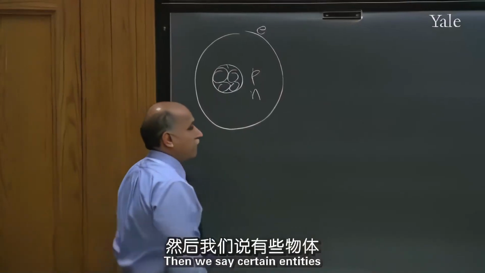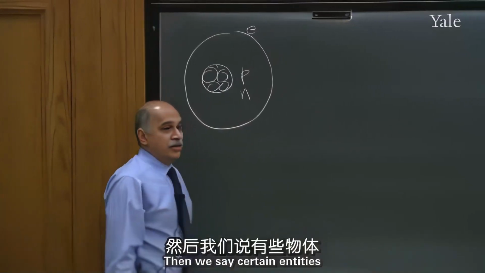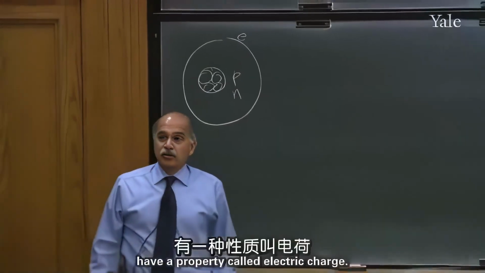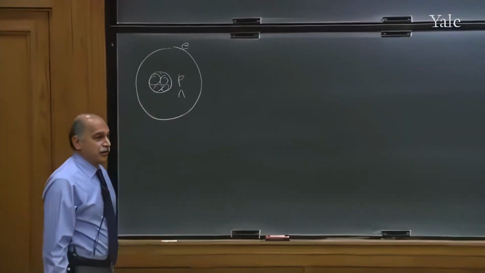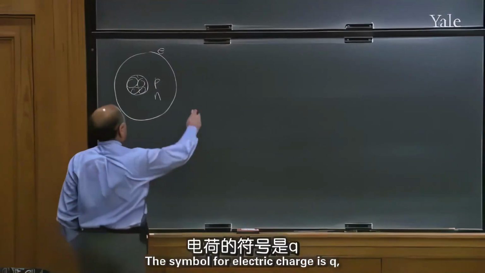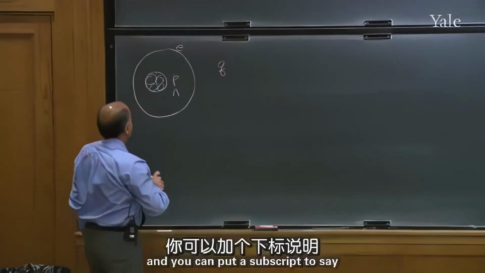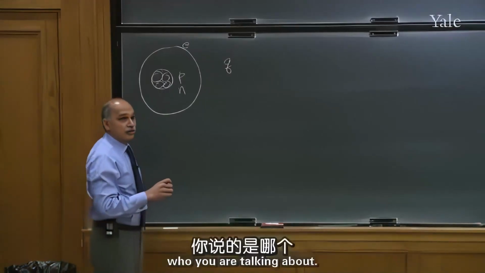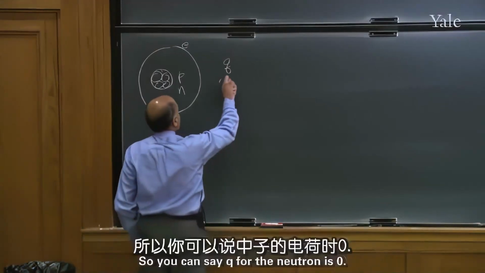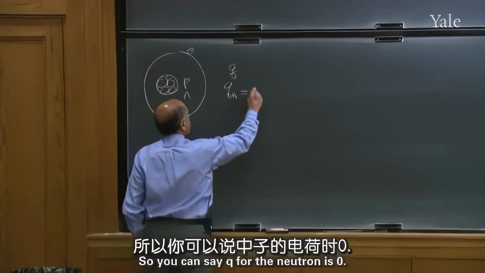Then we say certain entities have a property called electric charge. The symbol for electric charge is Q, and you can put a subscript to say who you're talking about. So you can say Q for the neutron is 0.